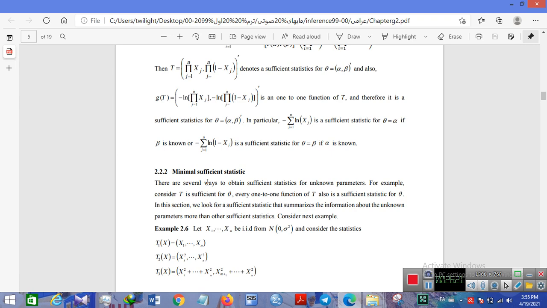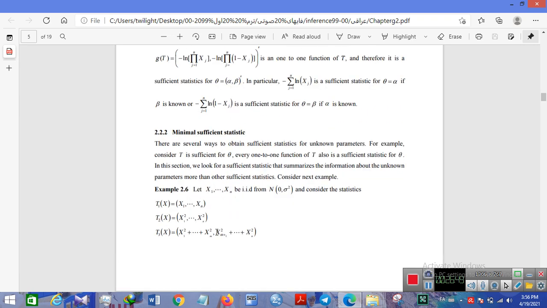Really, the one which summarizes the data more than others. A sufficient statistic which summarizes the data more than other sufficient statistics is called a minimal sufficient statistic.